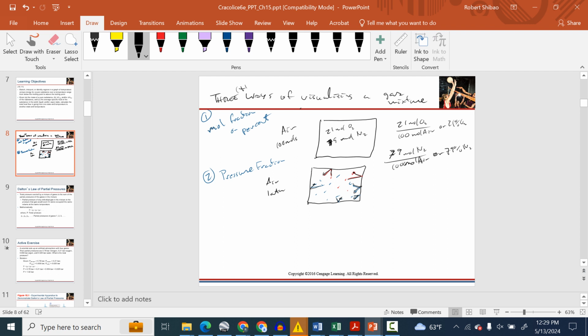And therefore, what's 21% of one atmosphere? It would be 0.21 atmospheres of oxygen plus 0.79 atmospheres of nitrogen. And this is what we call Dalton's law.